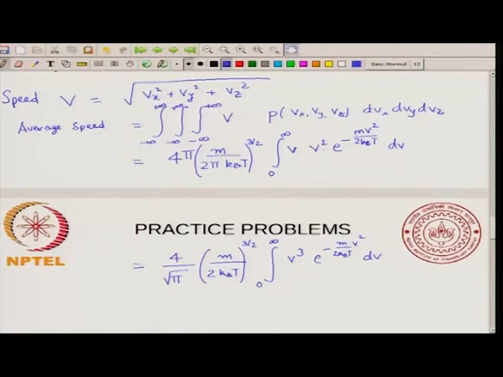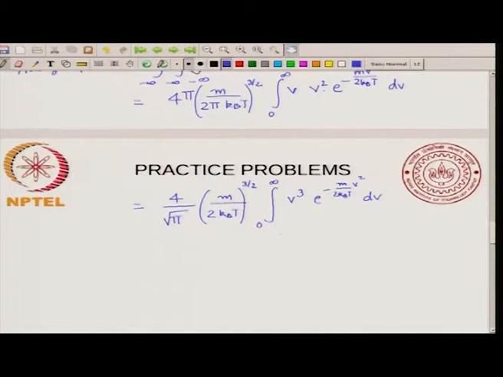Now, this is actually a standard integral. You can do this using gamma functions, but I will just show you how to do it explicitly.